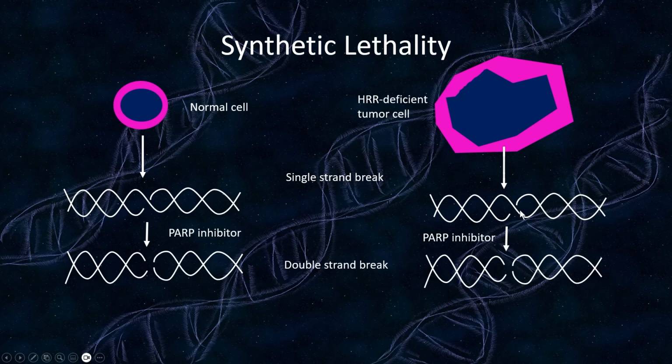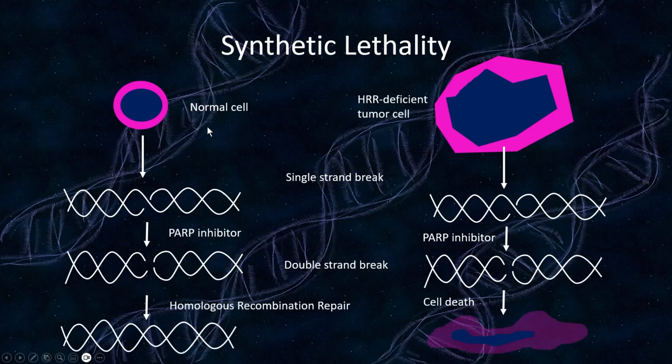And then say you give the patient a PARP inhibitor, those single-strand breaks will not be able to repair, and when the cells divide, they're going to become double-strand breaks in the normal cells and in the tumor. But now the normal cell still has functioning HRR pathways, so it's going to be able to repair those. The tumor cells, on the other hand, can't repair those, and over time, they're going to have too much DNA damage, and it's going to lead to cell death in the tumor cells selectively.